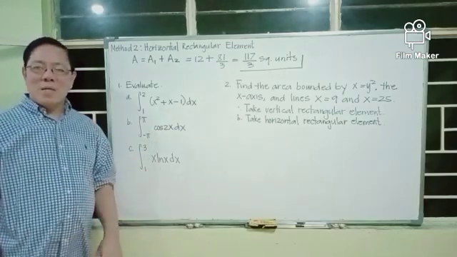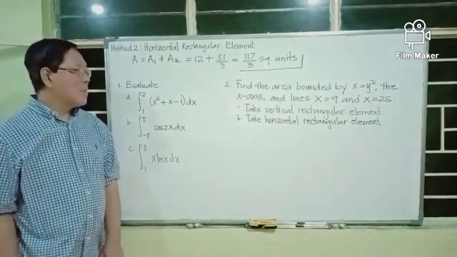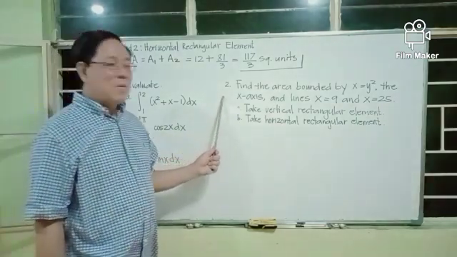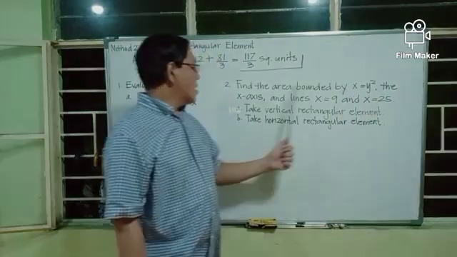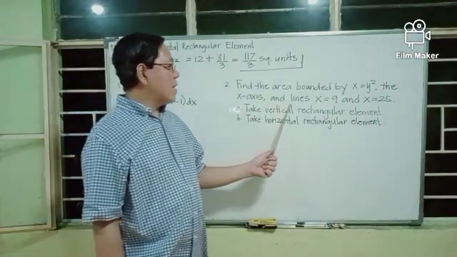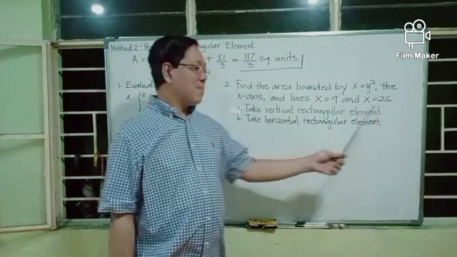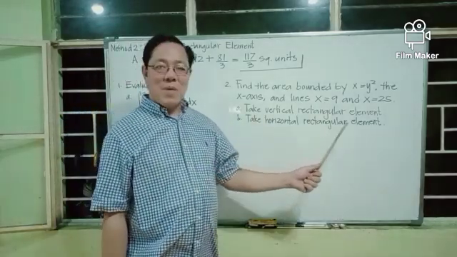And letter A can be directly integrated by using power rule. And number 2, find the area bounded by x equals y squared, the x-axis, and lines x equals 9 and x equals 25. Letter A, take vertical rectangular element.